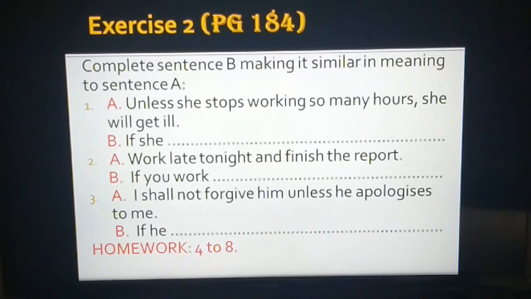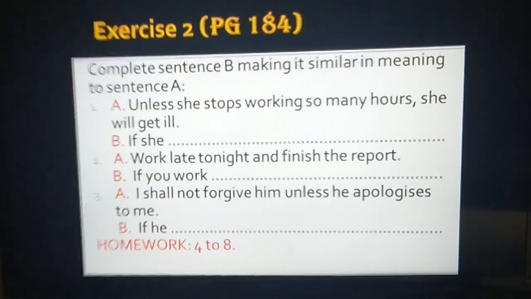We start with if he dash, if he apologizes to me, I shall forgive him. Okay. Now the remaining ones, 4 to 8 in the textbook, page number 184, are given as homework.